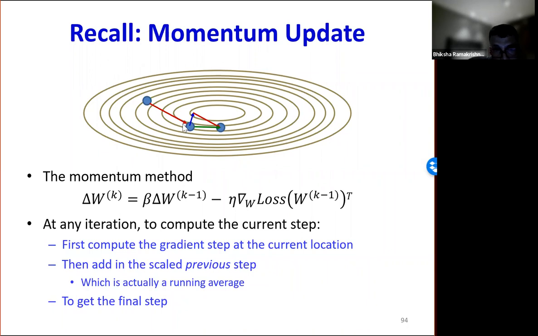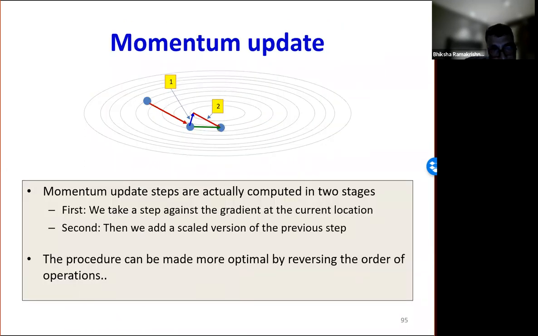And this is going to be the net update. The new estimate would end up over here. Now, we saw that this had a two-step process where at the current location, we computed the gradient-based update, and then we added a correction, which was some scaled version of the previous update.